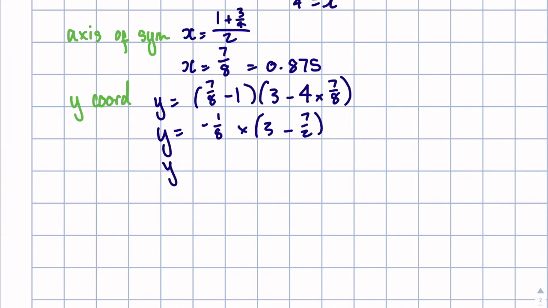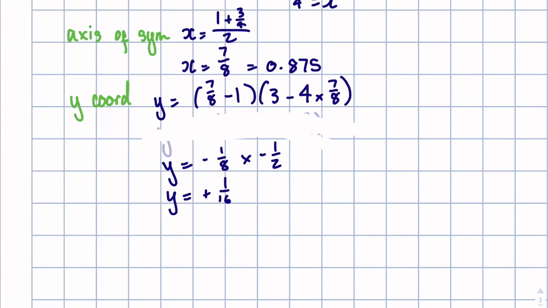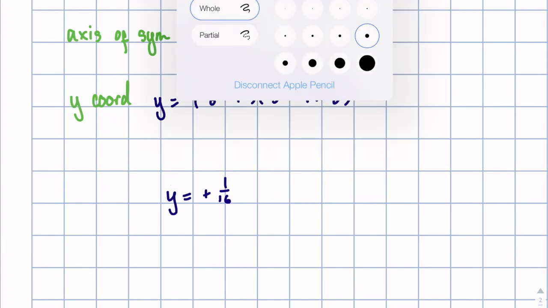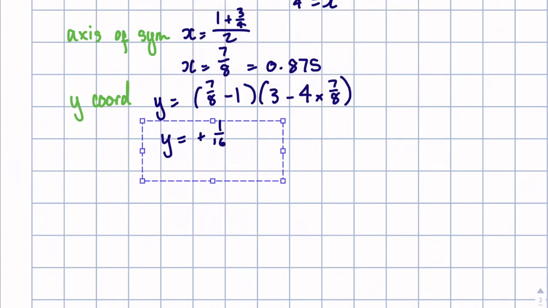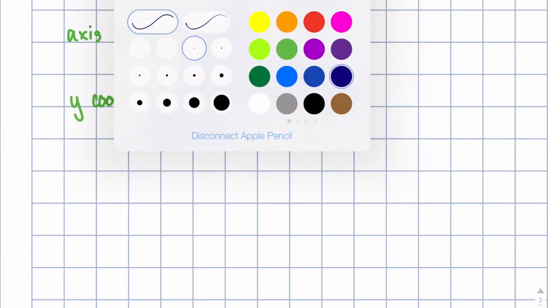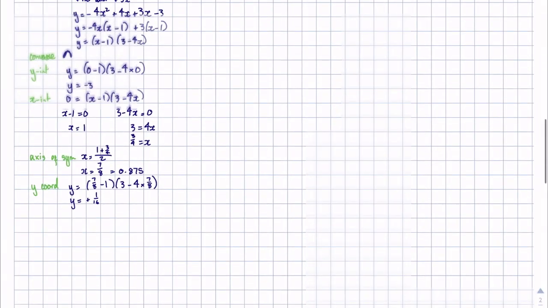So I've got negative 1/8 times is negative a half, which gives me positive 1/16. Hopefully that's right. I'm going to get rid of all this working out because none of you need to see it. You've got calculators. And I'm just going to stick with my positive 1/16. That's tiny anyway. And now we sketch.